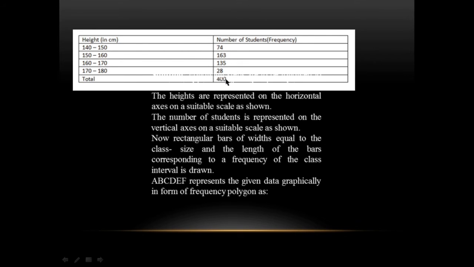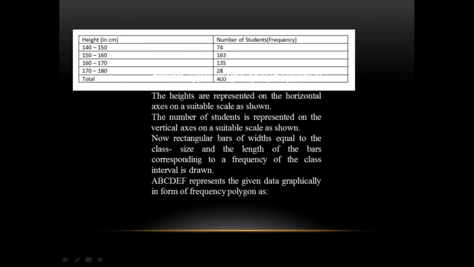The total number of students is 400. In the first class, the frequency is 74. Second class, the frequency of students is 163. Third class, the frequency of students is 135. And the fourth class has 28. The total of the frequencies of each class is known as the total frequency of your data.